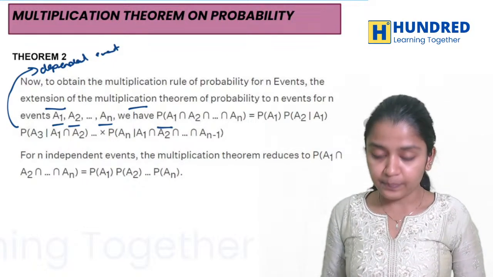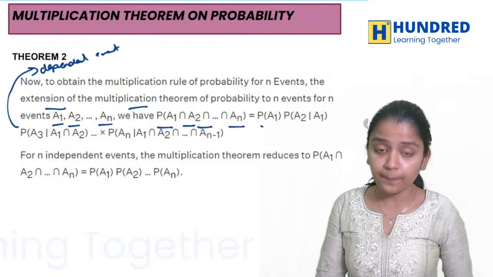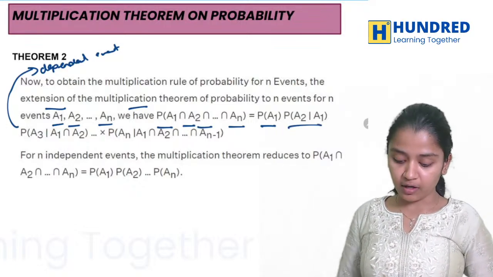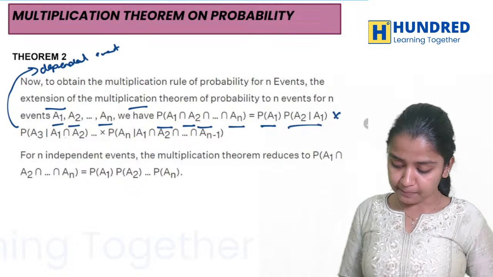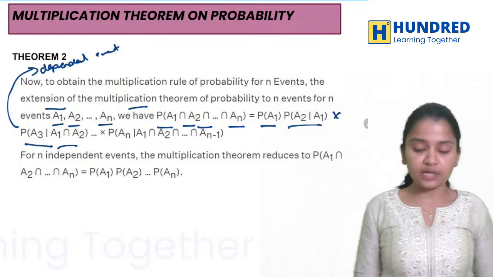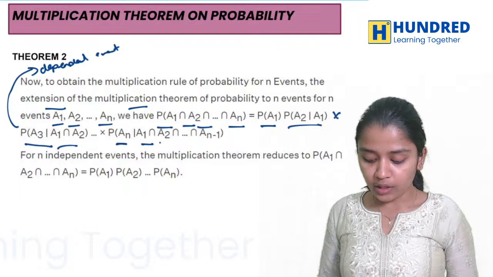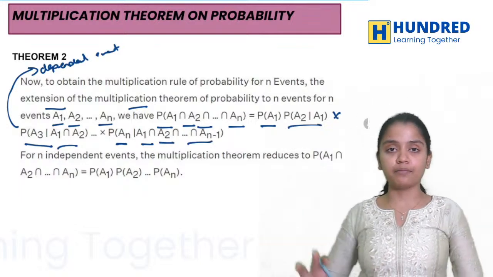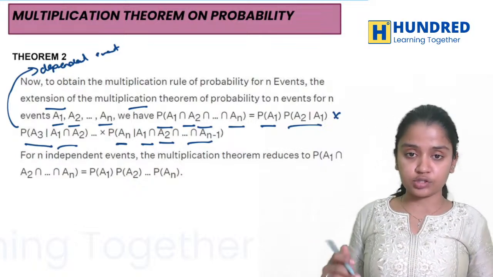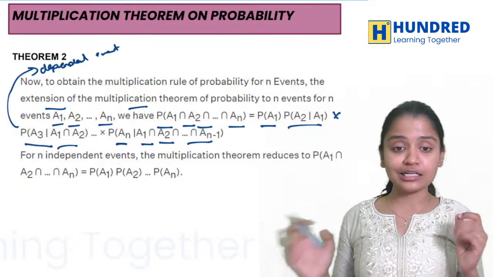P of A1 intersection A2 intersection ... அந்த மாதிரி இருந்துச்சுன்னா, first P of A1, then conditional probability of A2 given A1. ஓகேவா? அடுத்தது multiplied by P of A3 given A1 intersection A2. அதே மாதிரி P of An given A1 intersection A2 intersection up to An minus 1. So இந்த மாதிரி you will be having. Okay, so this is nothing but the dependent event. Dependent event தான் நம்ம என்ன யூஸ் பண்ணுவோம்? We will be using our conditional probability.